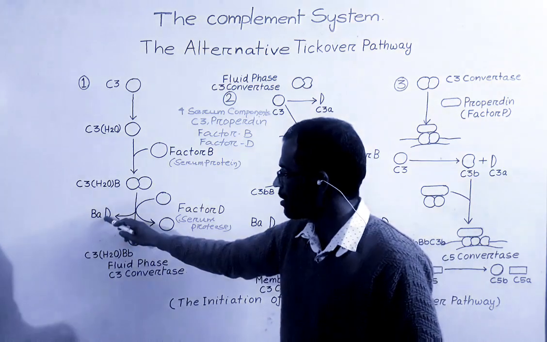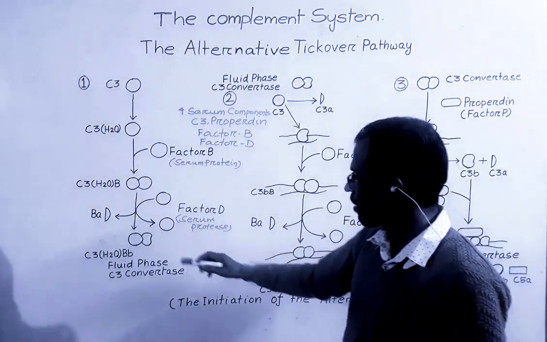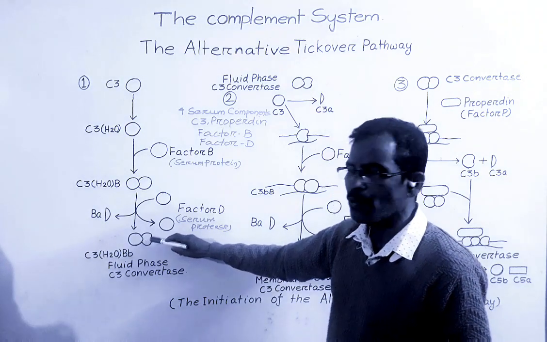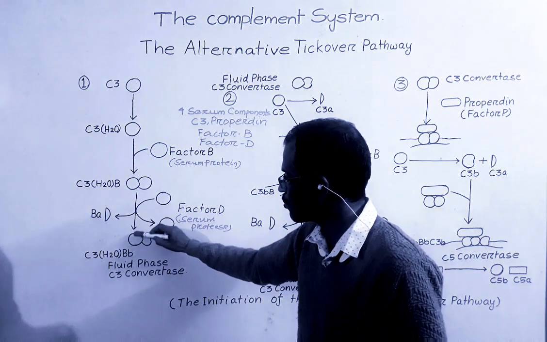The smaller fragment is Ba, which diffuses away, and the larger fragment is Bb, which remains bound with the C3H2O.